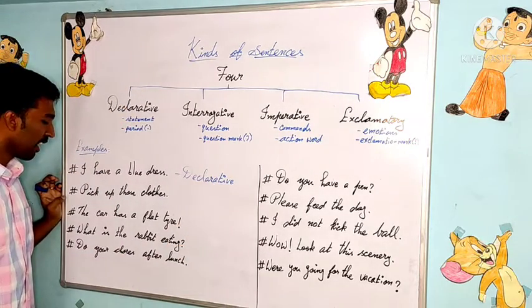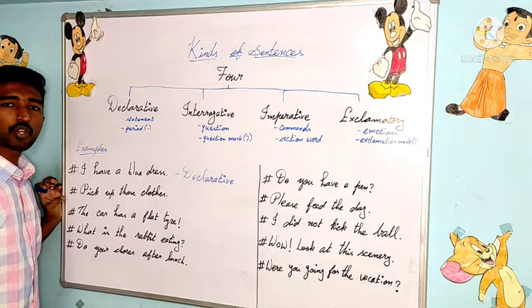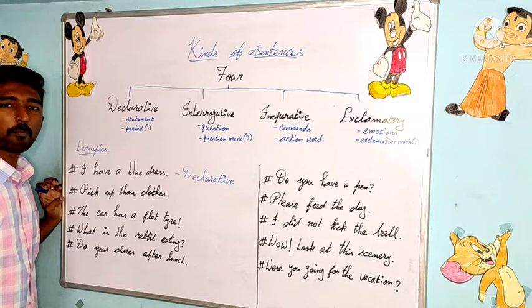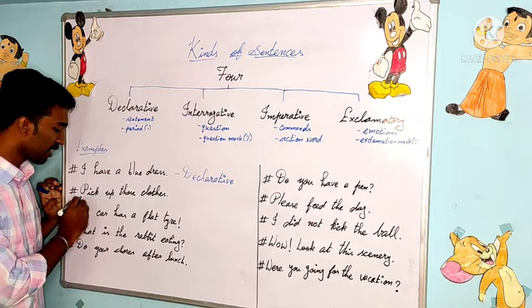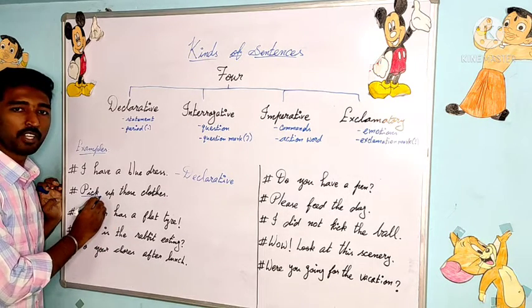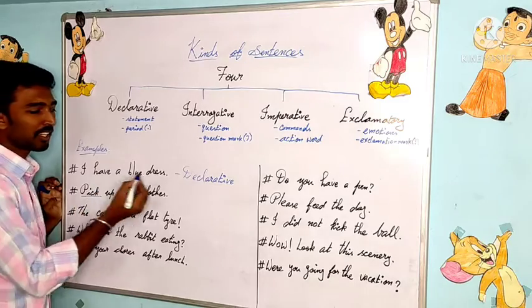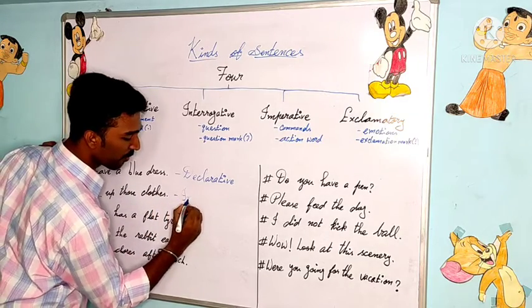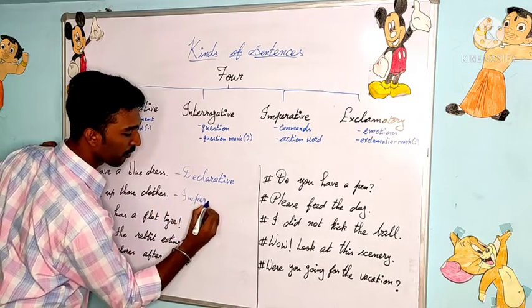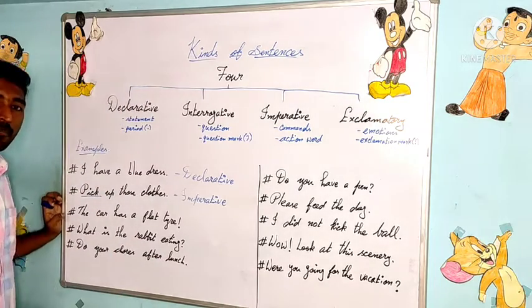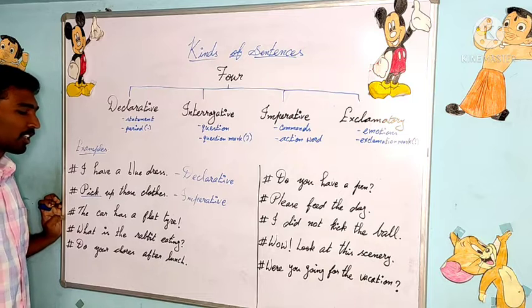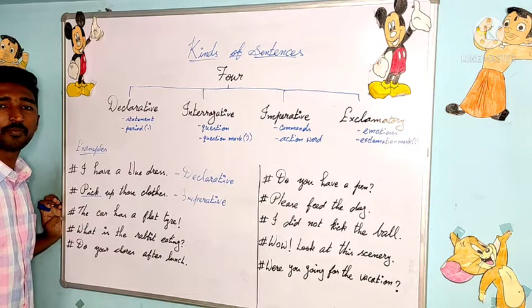It's a declarative sentence. And the second one, pick up those clothes. A sentence that starts with a verb, an action word, is an imperative sentence. And the third one, the car has a flat tire.